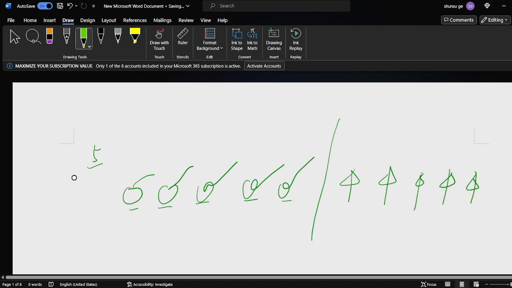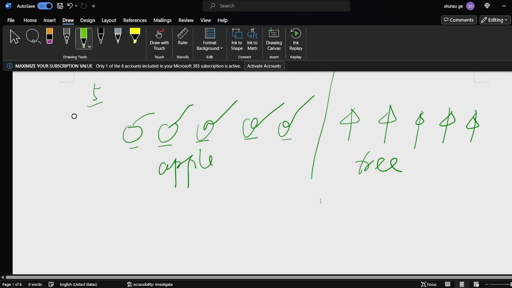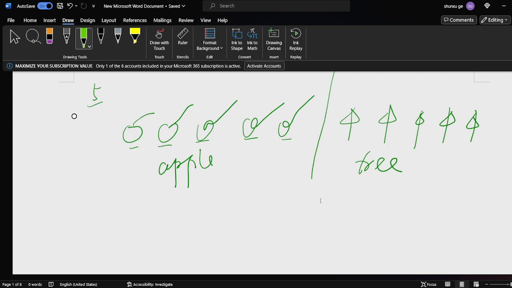Okay, this is a tree, this is an apple, and this is a tree. So that means a number can stand in for anything, but for math we don't want to study apples or trees, we just study numbers.